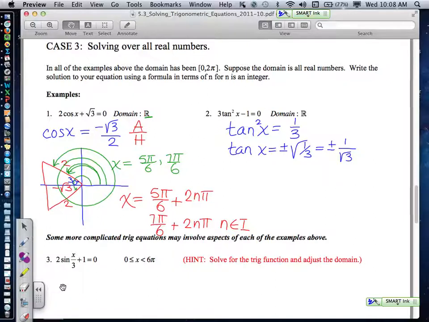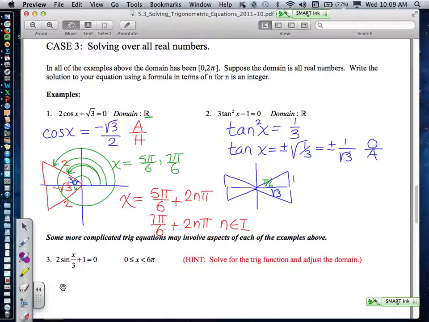Since I've got positive and negative tangent values, I have to draw triangles in every quadrant. To draw triangles where the opposite over adjacent ratio is 1 over root 3, my triangles are going to look something like this. Here's my root 3. And I should recognize the reference angle as a 30-degree reference angle, or pi over 6 again.